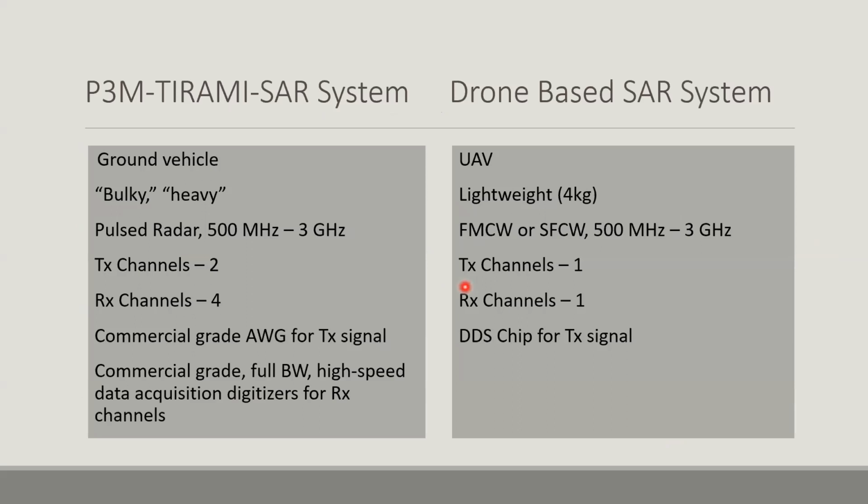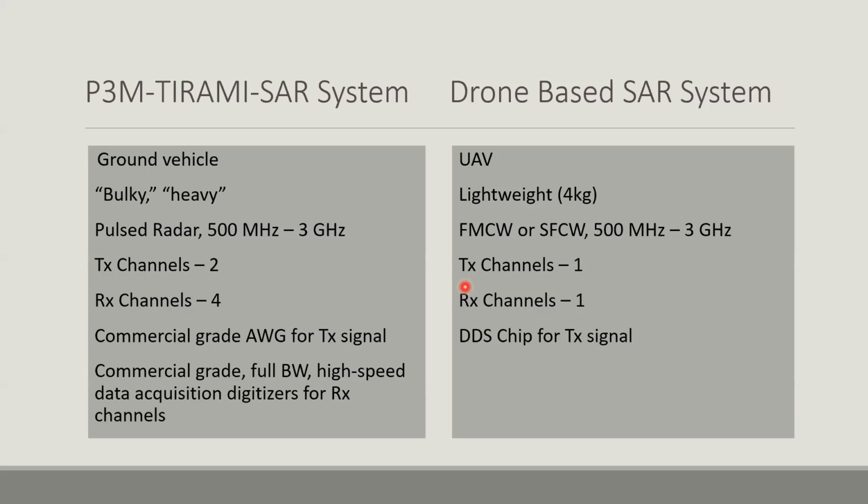Here's a side-by-side comparison of the main elements of the ground vehicle SAR and the adapted version for the drone-based SAR. So the biggest change to note, other than obviously the drone being smaller, airborne, and having fewer antennas, is the type of transmit signal. The transmit signal will be a modulated continuous wave rather than a pulsed radar.